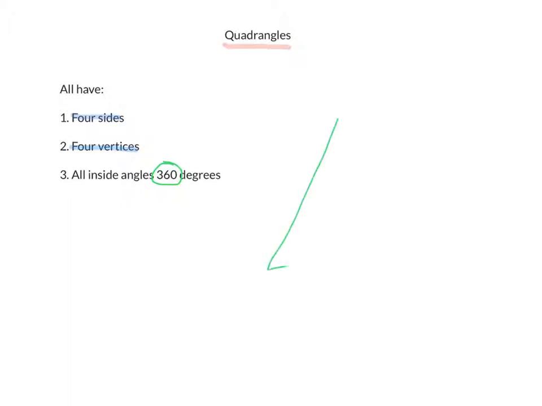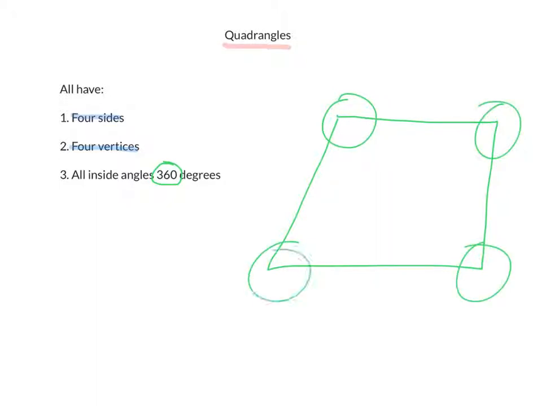So if we were to draw our quadrangle and add up all of these inside angles, it will always be 360. It's going to come in handy later on in your geometry career when they may ask you, how much is this angle? So knowing that and getting that in your brain now will really help out for the future.